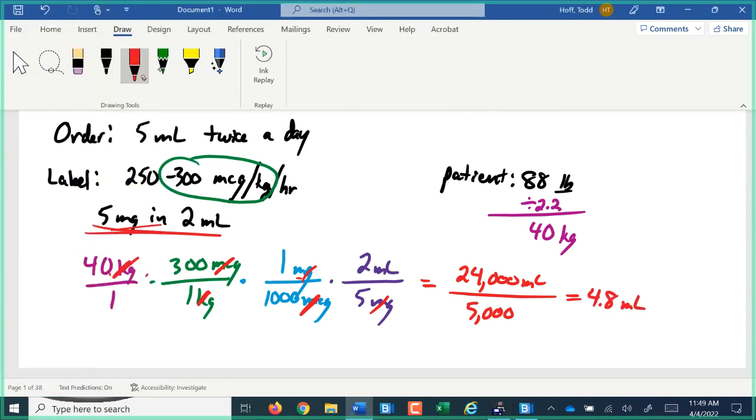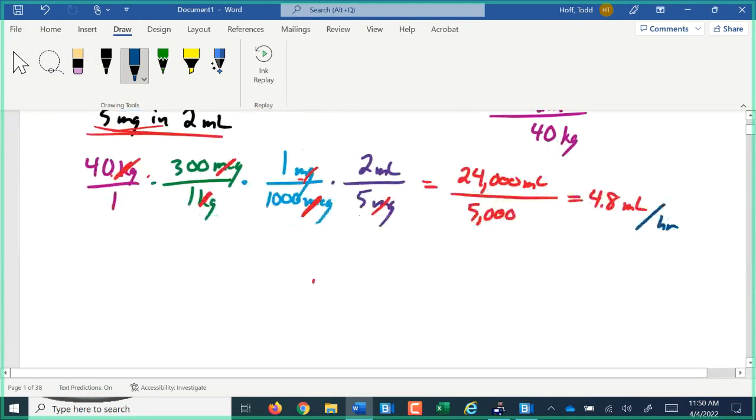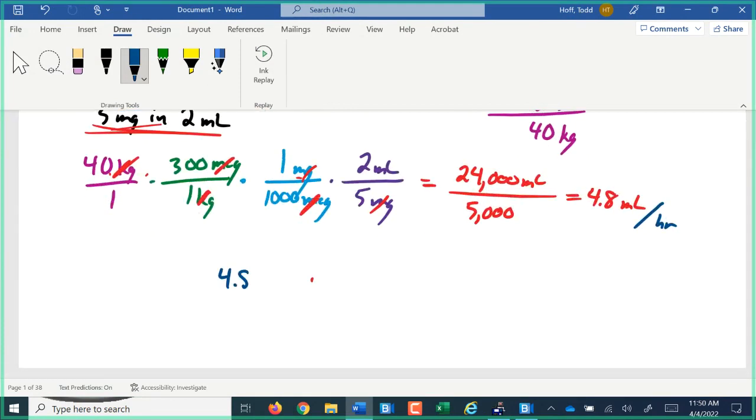Now again, we have to bring our time frame back into this. This is per hour. The order is saying twice a day, 5 milliliters twice a day. That's every 12 hours. So I'm going to titrate my 4.8 milliliters. That is per 1 hour.